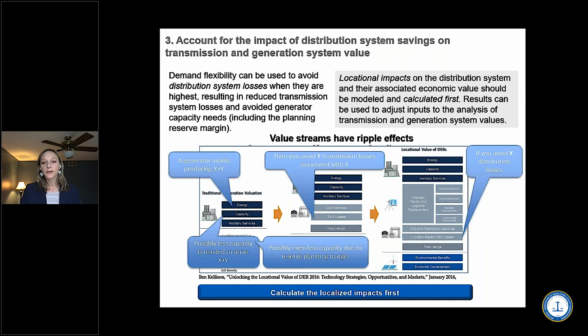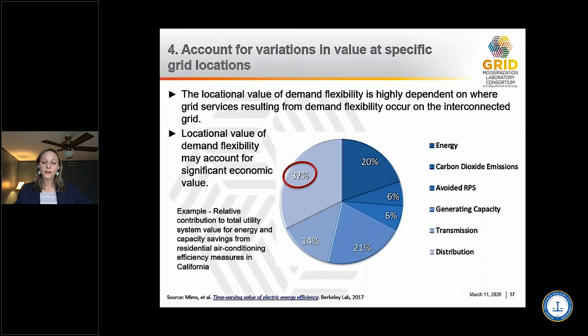So this is a ripple effect that shows that as you move from downstream to upstream, you're going to have compounding impacts. And we'll go on to the next slide, which is the fourth valuation enhancement.